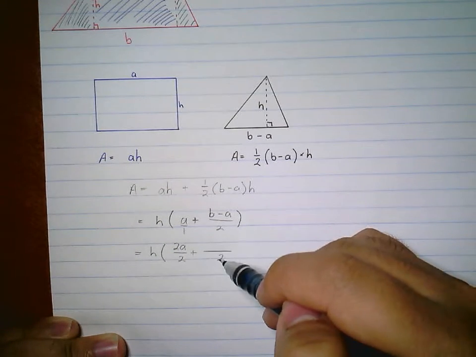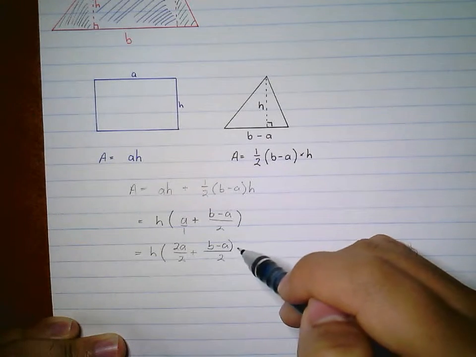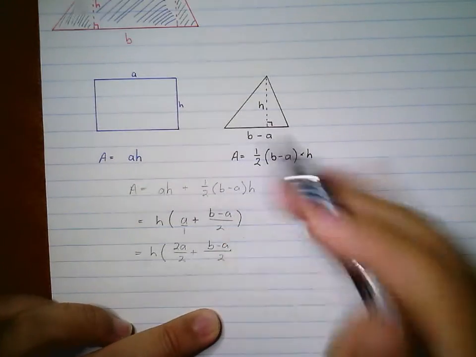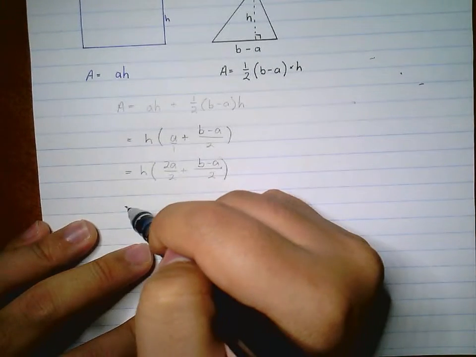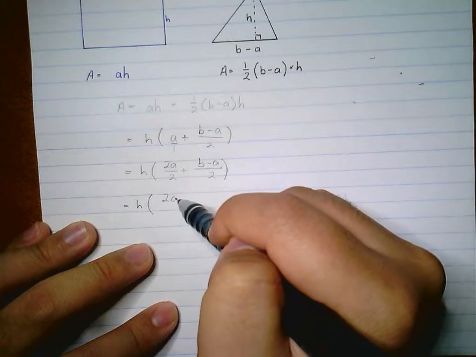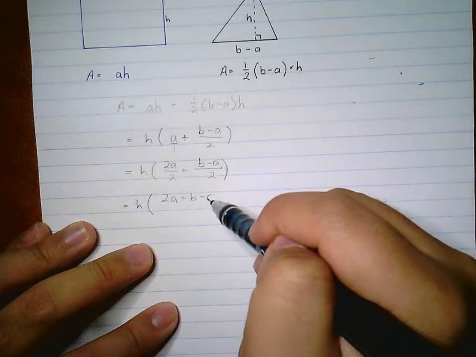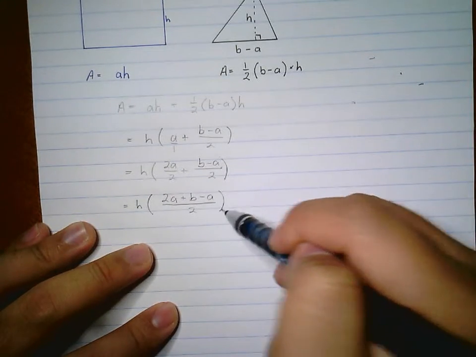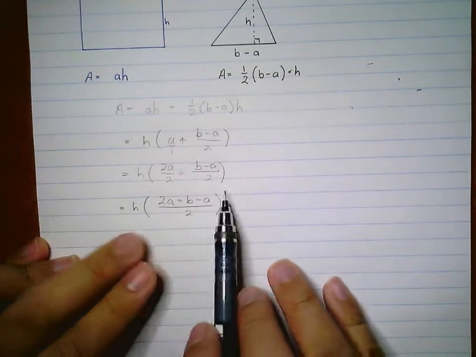And this has stayed the same, so it's b minus a. Moving the denominators together, we get h times 2a plus b minus a, all over 2. That is because they have the same denominator now, so we can bring them together.